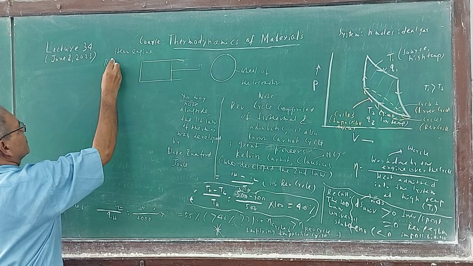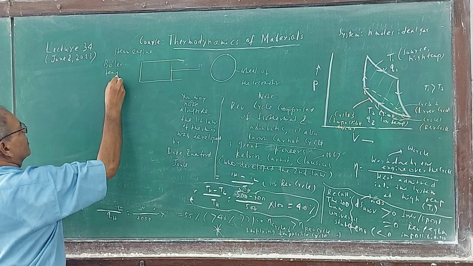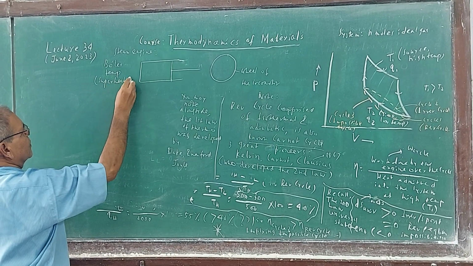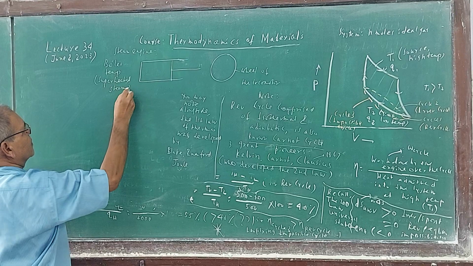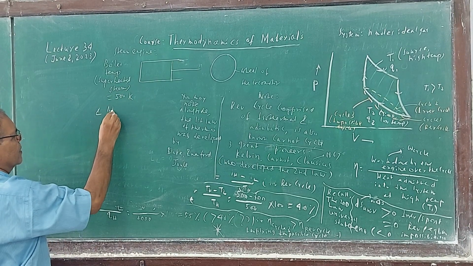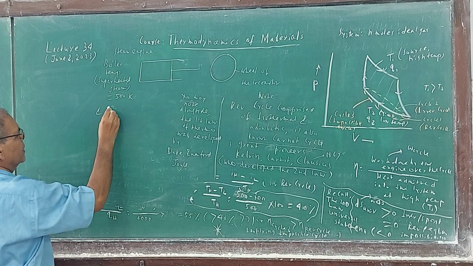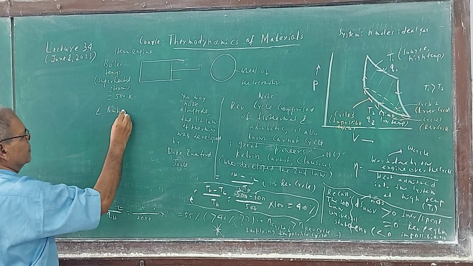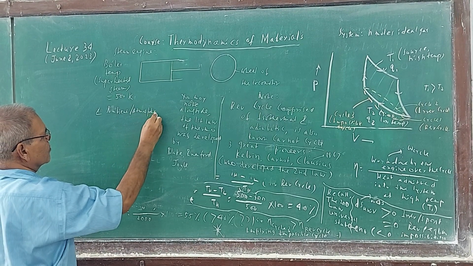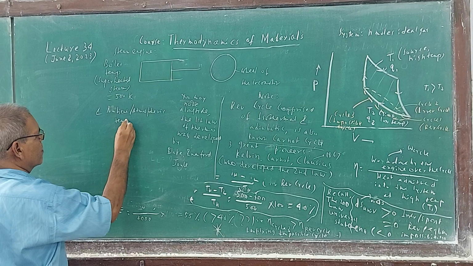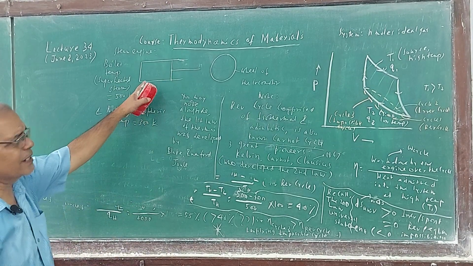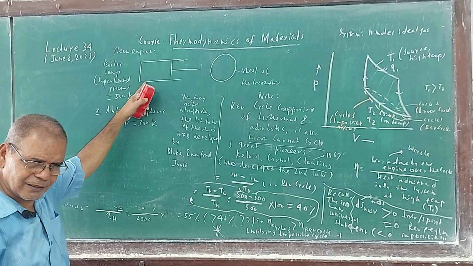Boiler temperature, superheated steam, say 500 Kelvin, and the ambient or atmosphere temperature is 300 Kelvin, 27 degrees centigrade.